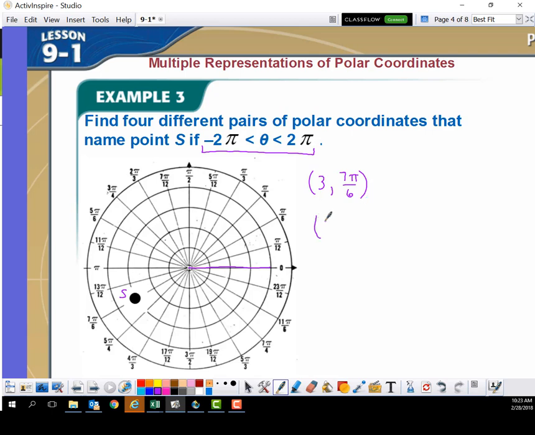So what I would do is I'd keep my directed distance as +3, but instead of going counterclockwise, we also could have gone clockwise to get there. So now this is a little tricky. Again, if you're not very good at unit circle, this might be hard for you. But you have to ask yourself the question, if I go clockwise to end here, that's the pi over 6 term in the 2nd quadrant that I passed through.